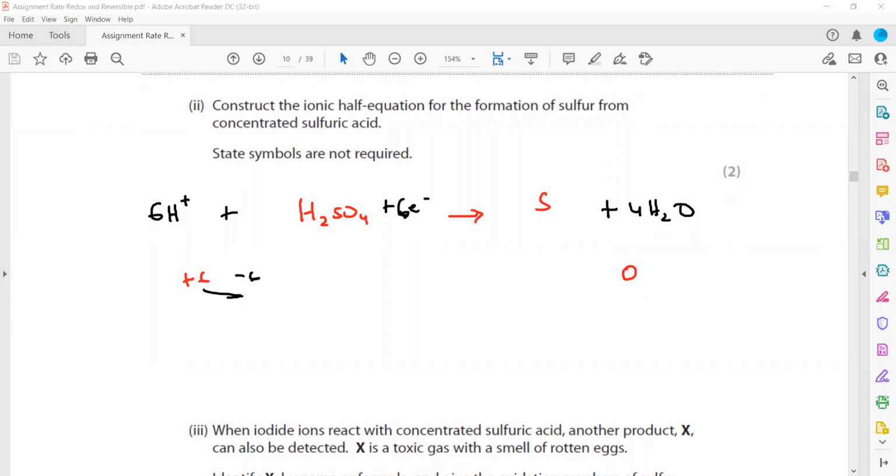So on the left hand side and the right hand side, the equation is balanced. So this is the balanced equation for formation of sulfur when sulfuric acid reacts with iodide, and as a result it forms sulfur. Is it clear how we construct the redox equation from only the reactant and the product given?